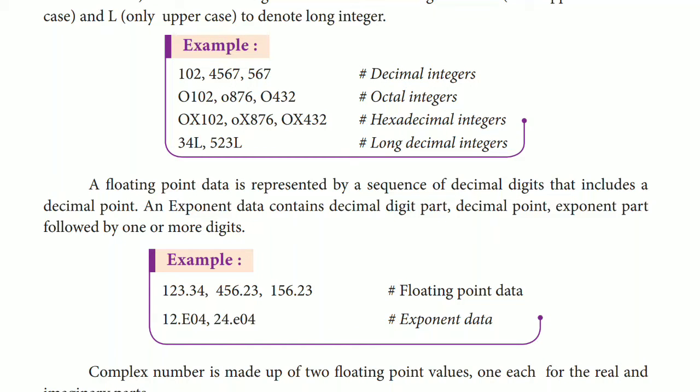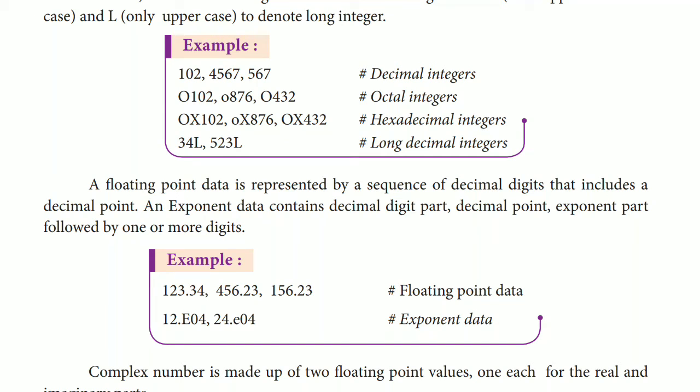An exponent data contains the decimal digit part, decimal point, and exponent part followed by one or more digits. Here you can see 123.34. These are examples of floating point values. You need not denote anything, just like before.